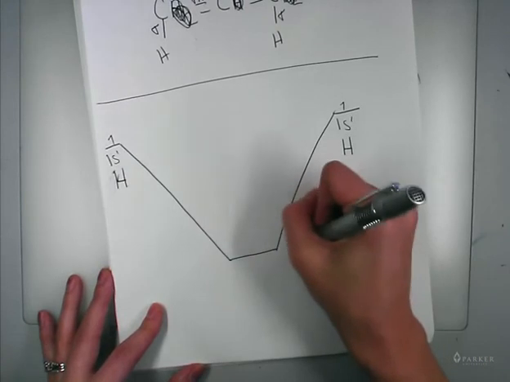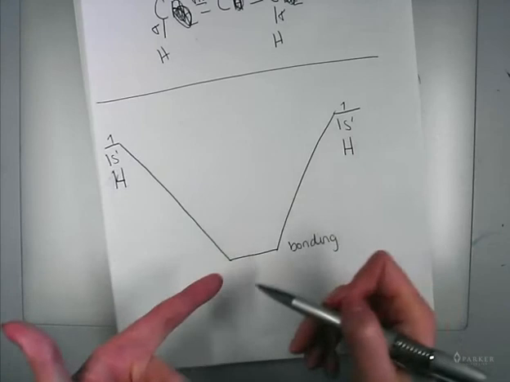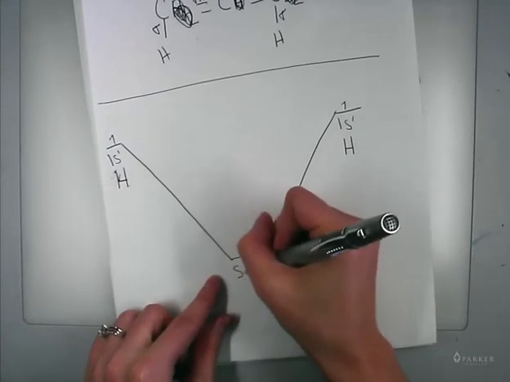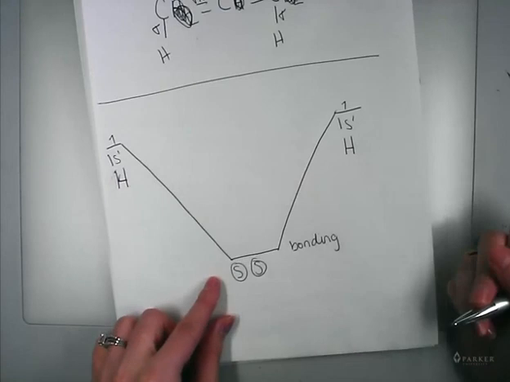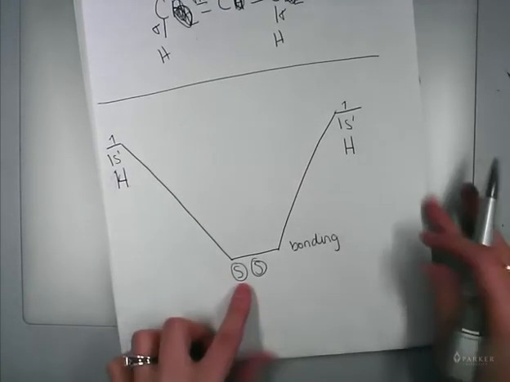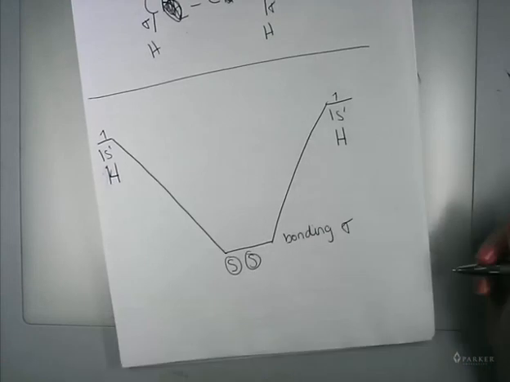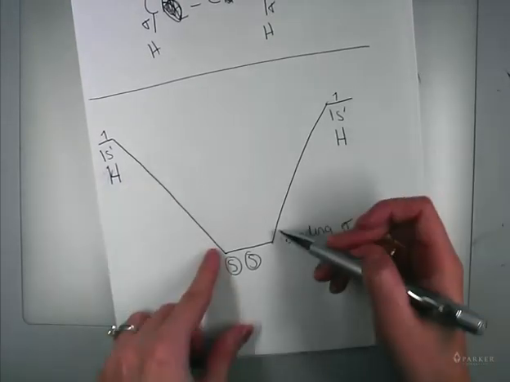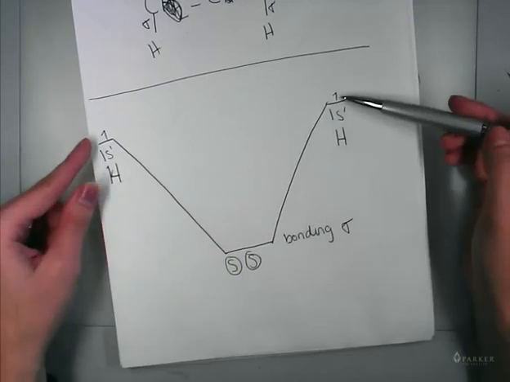So this is your bonding. When we combine these, I'll have an S, or your circle, bonded with an S circle. So would that be a sigma or a pi? Sigma bond. And how many electrons did I just combine there?